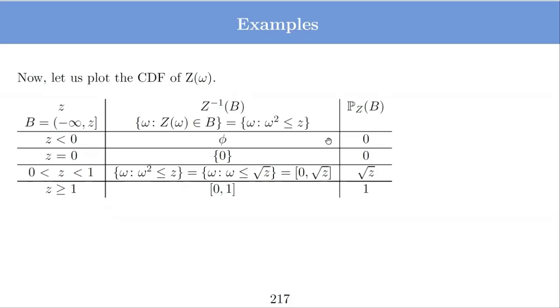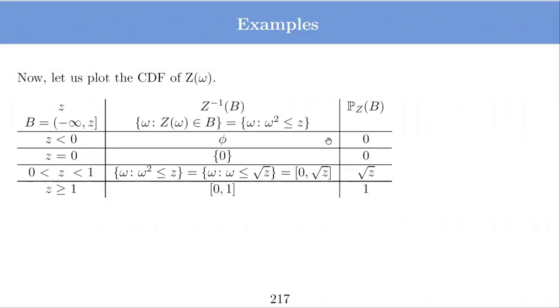That will be the probability law of Z of B, and that will be the same as the CDF of Z at small z. So if z is less than 0, then B would be minus infinity to z, and this will not contain anything between 0 to 1.